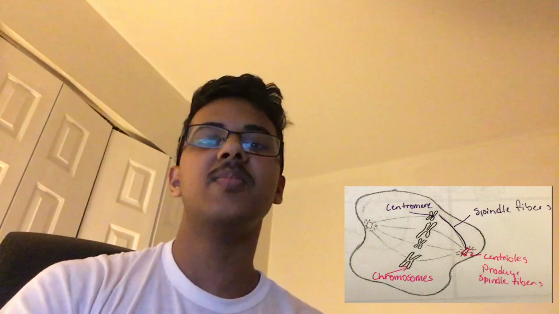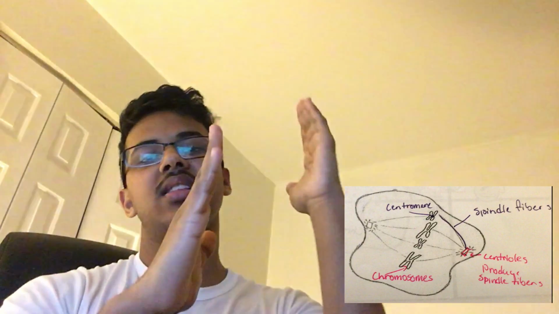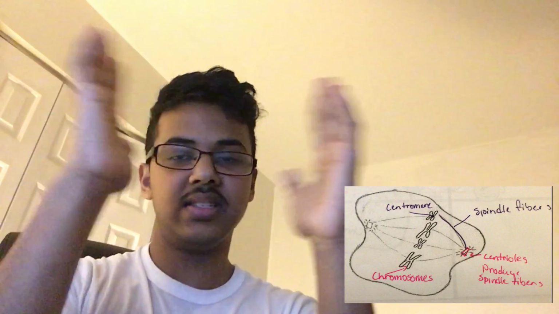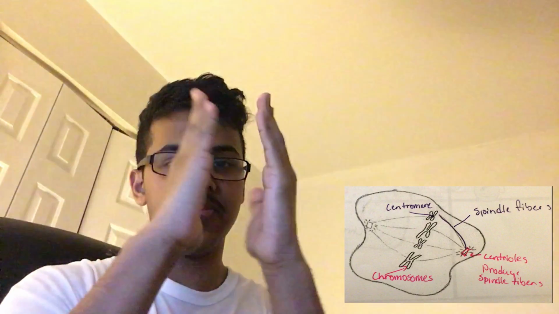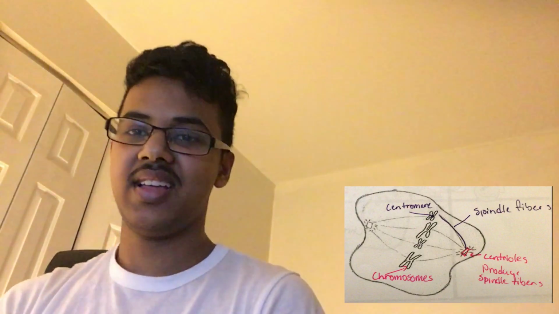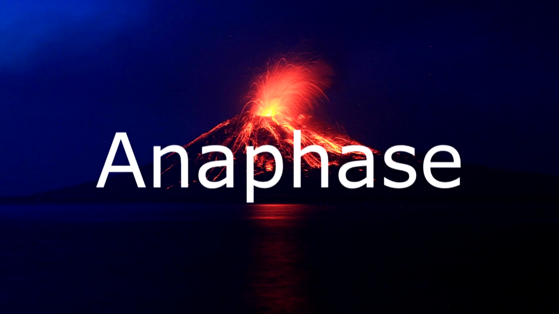In a chromosome, there are two sister chromatids, and they have to separate and go their own way. I will link a video in the description if that didn't sound right. The centromere is where spindle fibers attach.